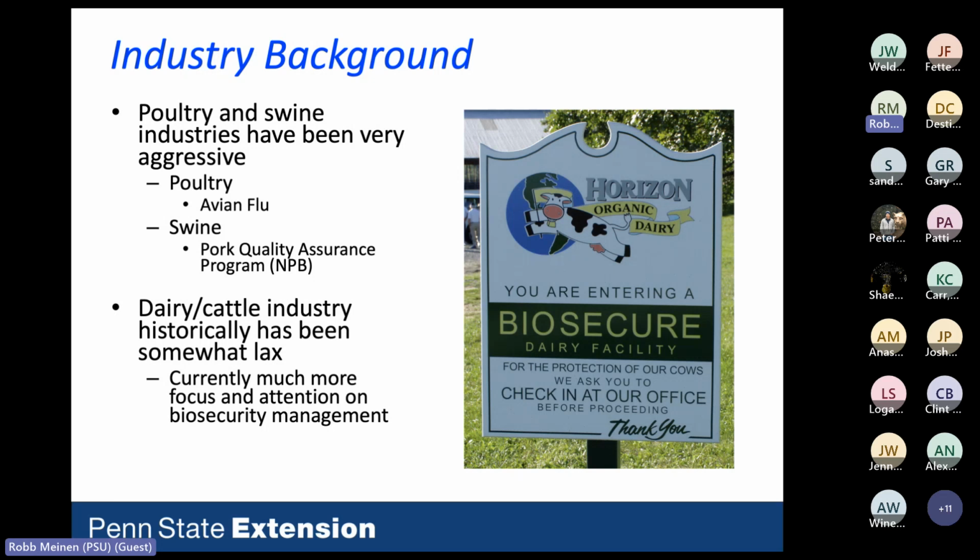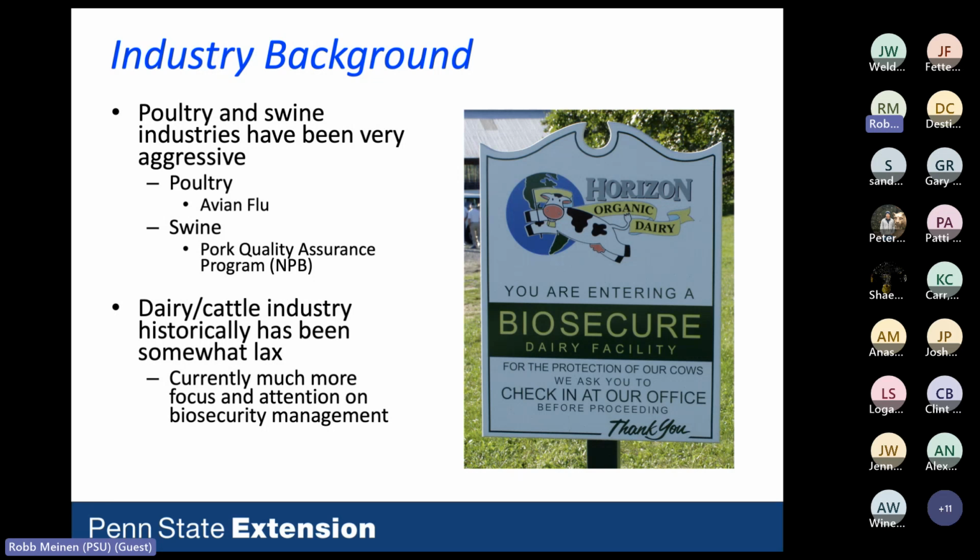It's very important to everybody who works in the industry, as well as the products and the welfare of the animals. So the swine industry and poultry industry on this slide are certainly the highlights of where biosecurity is really enforced in a stringent manner, and the biosecurity becomes more and more strict and more followed by the producers as time goes on.